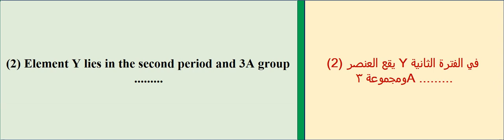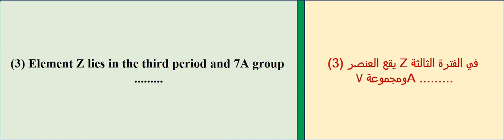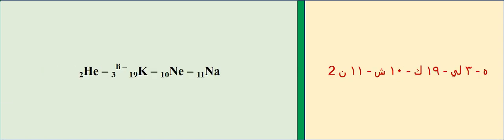Element Y lies in the second period and group 3A. 3. Element Z lies in the third period and group 7A. Classify the elements into 2 groups: 2He, 3Li, 19K, 10Ne, 11Na.